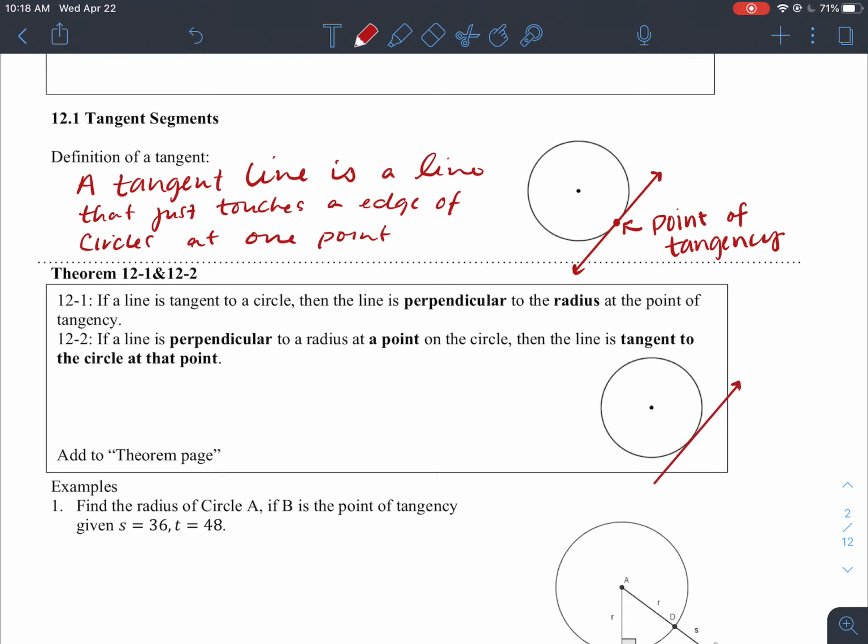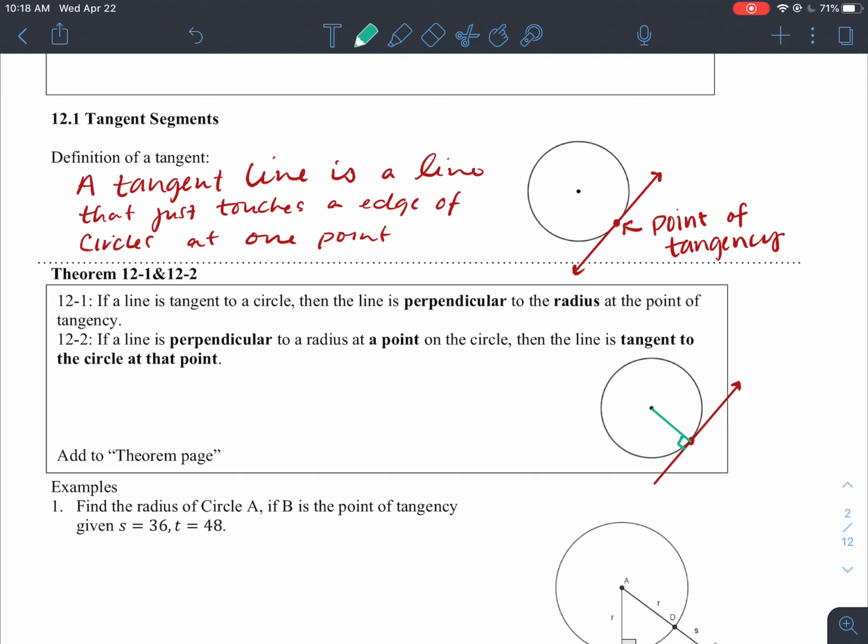Remember, it's going to have one single point of tangency right there. If I were to draw in my radius, all of a sudden, you can sort of see, because it's a tangent line, that's a right angle there, and I'm going to draw a better right angle there. That's a right angle.